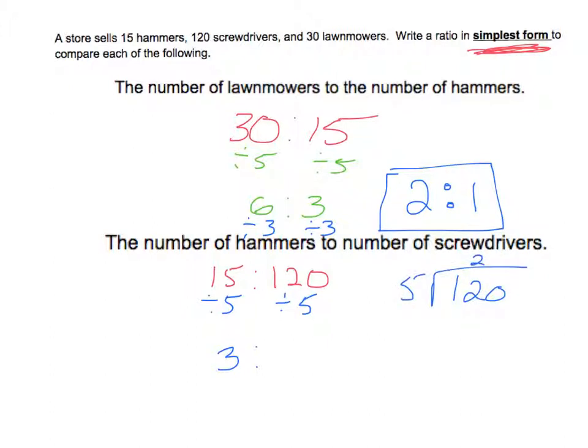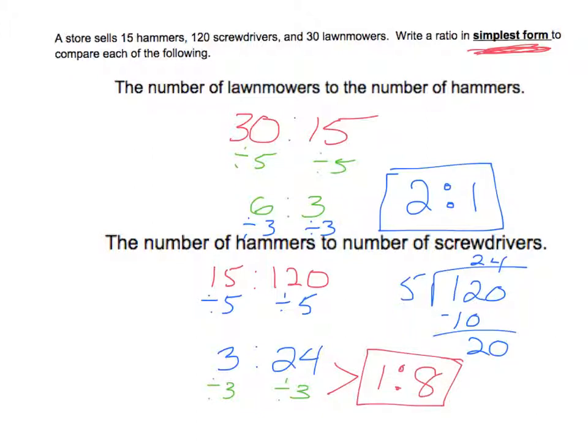That goes in twice. 10, subtract 2, bring down the 0. 3 to 24. But again, that's not simplest form because we can divide both by 3. So 3 divided by 3 is 1. 24 divided by 3 is 8. So this is basically saying for every 1 hammer in the store, there are 8 screwdrivers.